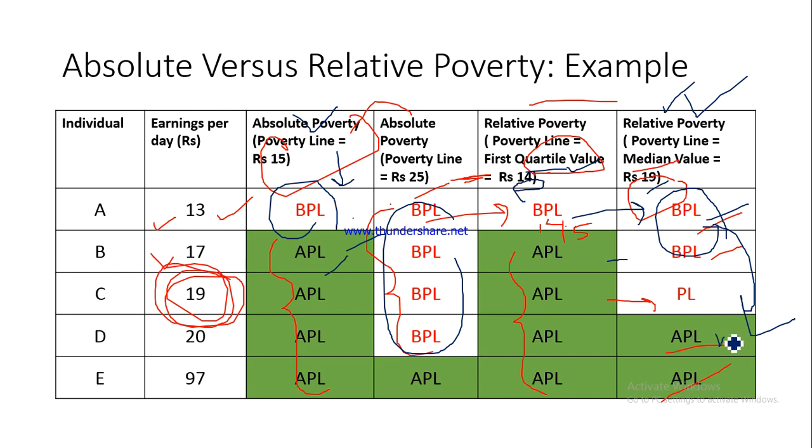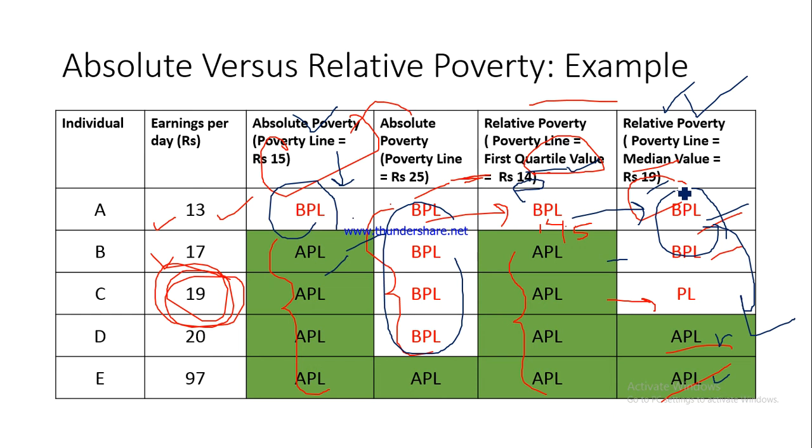Have a look here. There are two APLs, just like there are two BPLs. And if you use rupees 19, the median value, as the poverty line, then you have seen that 50% of the people would be below and 50% would be above poverty line. But if you use the third quartile, you would find that 75% would be below poverty line while only 25% would be above poverty line, right?